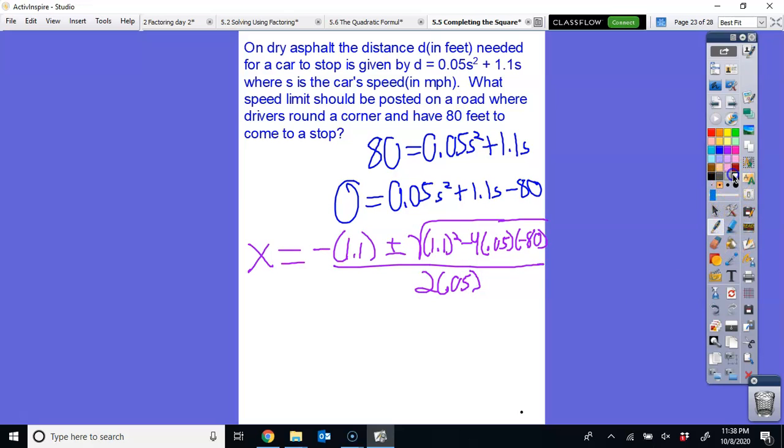I'll sing it again for you in case you didn't get it earlier. That's x equals negative b plus or minus square root of b squared minus 4ac all over 2a.